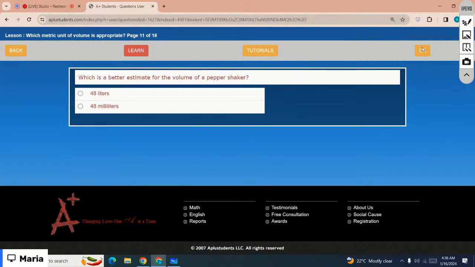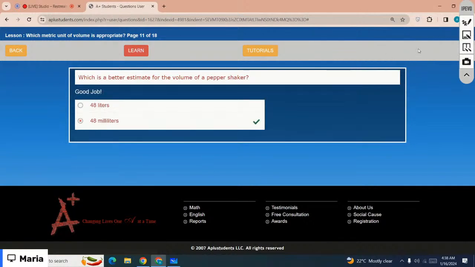Which is a better estimate for the volume of a pepper shaker? Which is the correct option? That is 48 milliliters, because 48 liters is too much for the pepper shaker, right?